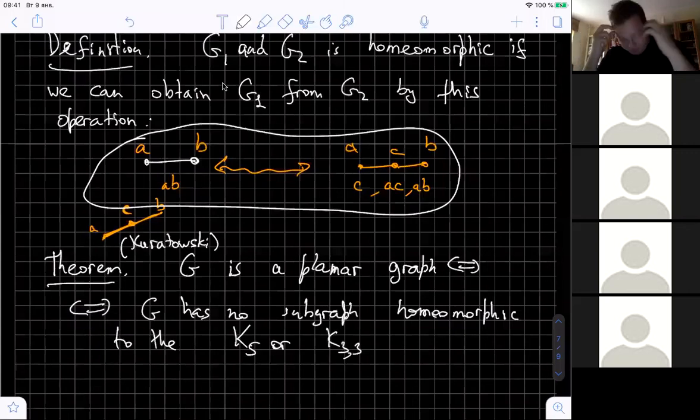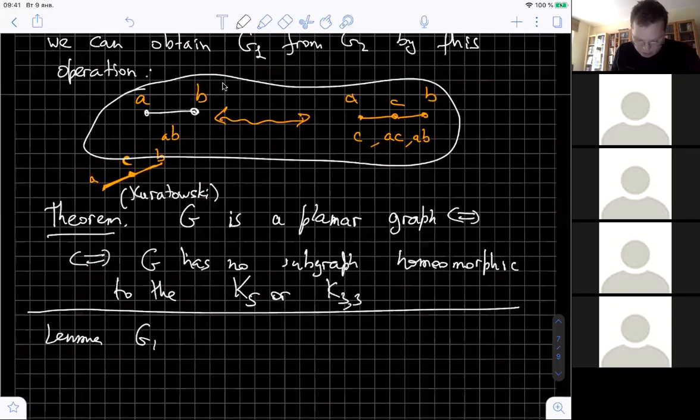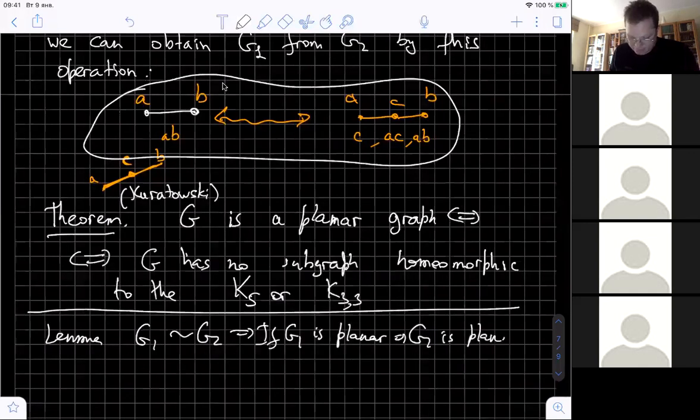So if G1 is homeomorphic to G2, then if G1 is planar, then G2 is planar. Why is that?